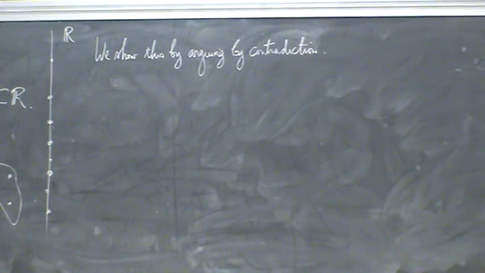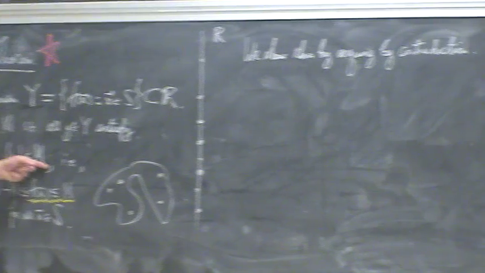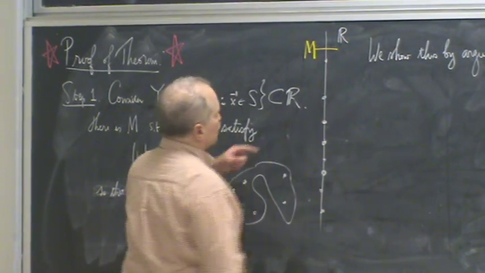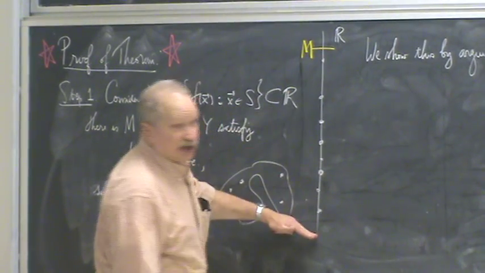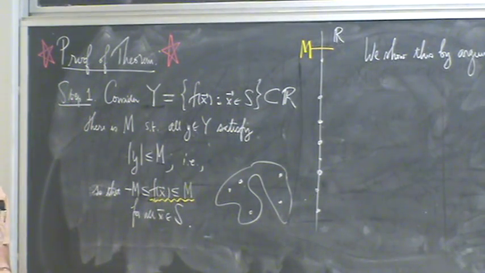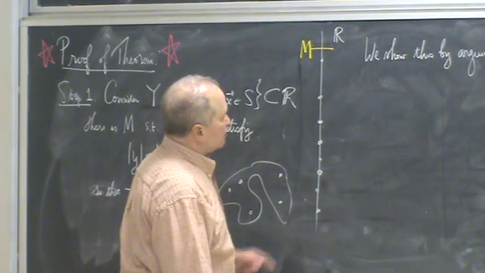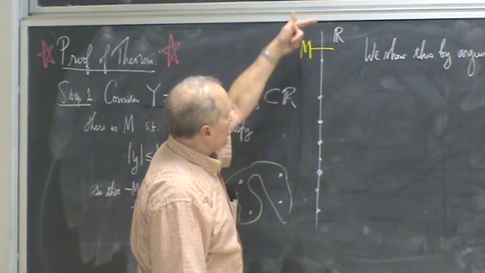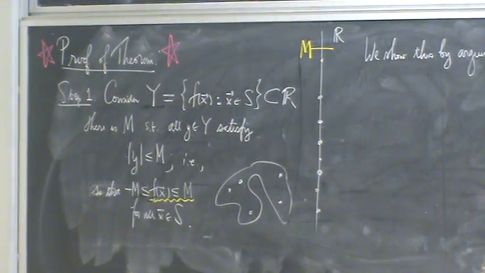So suppose that there were no such M. Suppose you could find no capital M so that the values are all beneath it. Well, then that would have to mean that any M you picked, there's some place where the function's bigger than that.